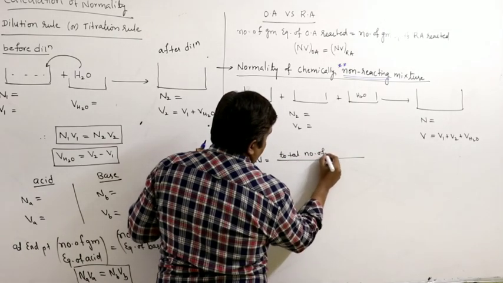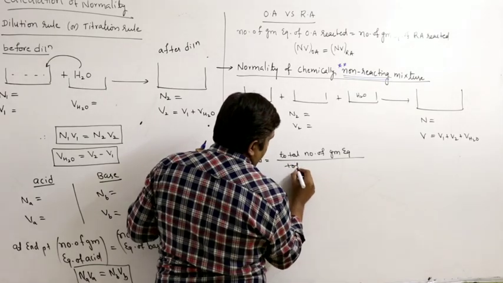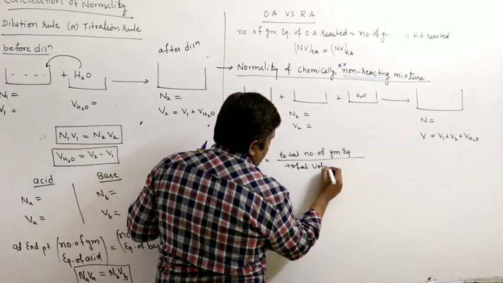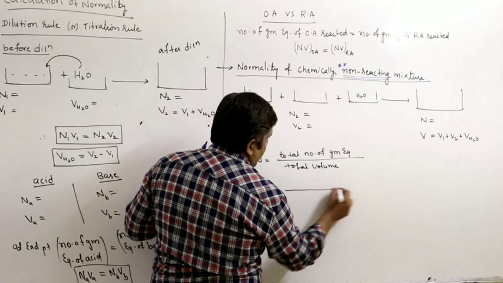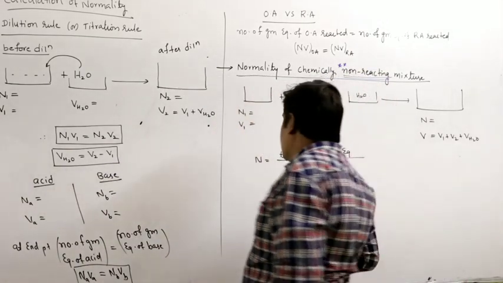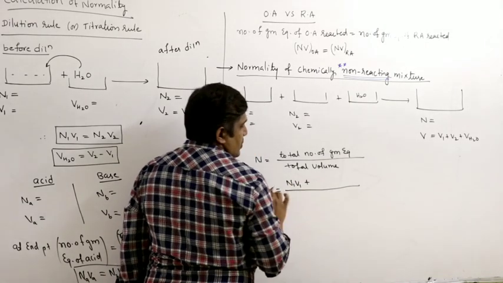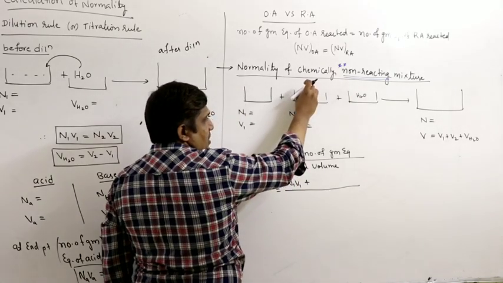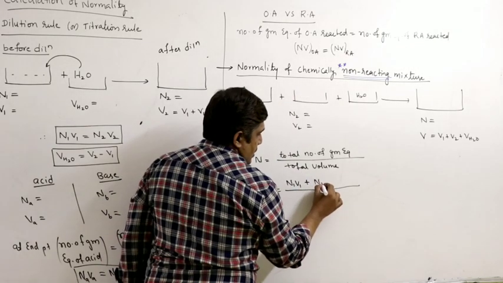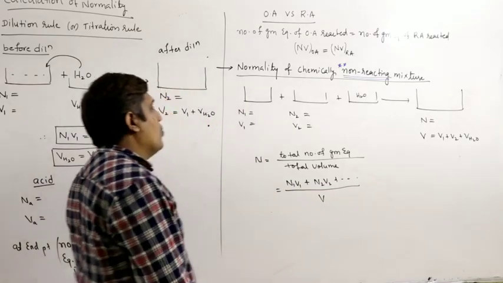So here normality of resulting mixture is total number of gram equivalents of solute by total volume. Always remember volume increases. So how do you find total number of gram equivalents? Number of gram equivalents in first solution, that is N1V1, plus, because they don't react, number of gram equivalents of second solution, that is N2V2, and so on, by total volume.